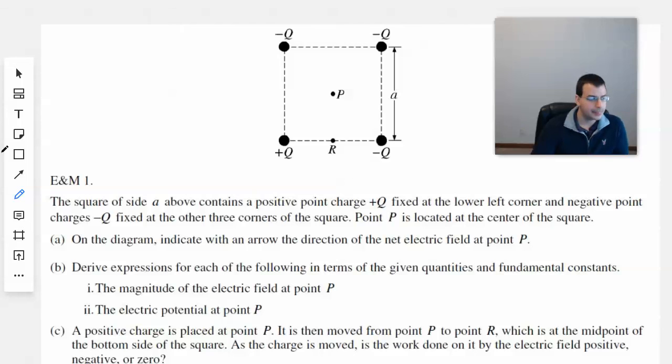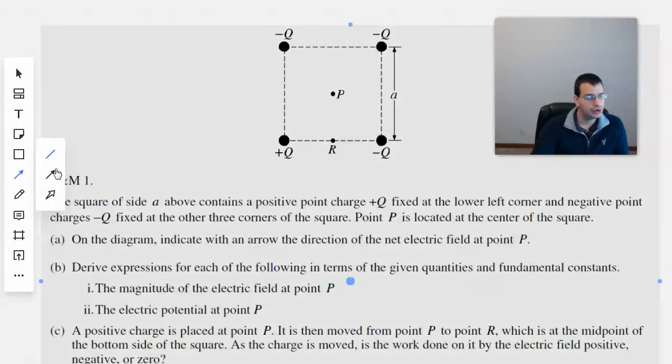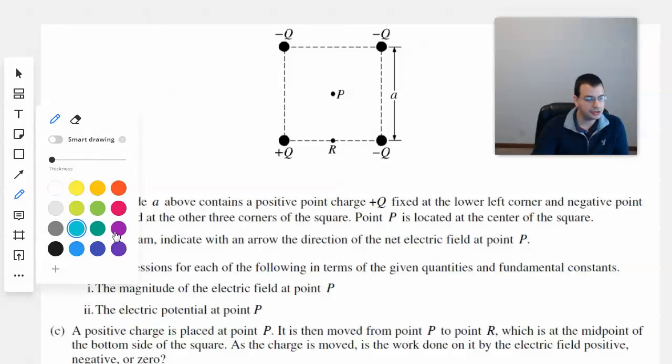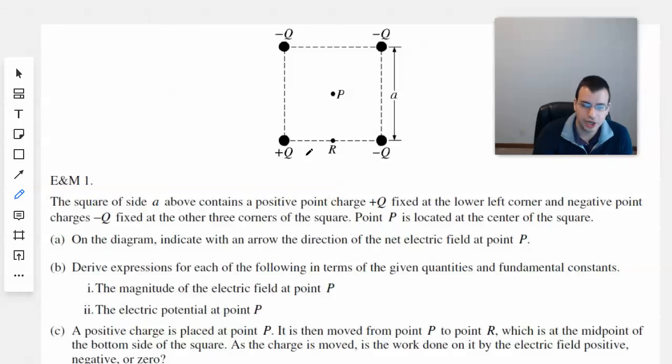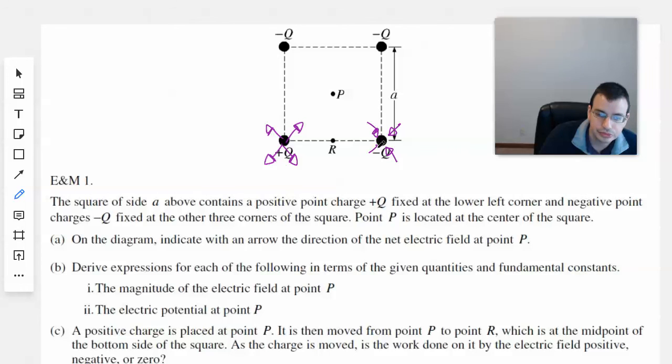Okay, so we discussed that electric fields are radially outwards for a positive Q, and for the negative Q's, they're going to point inwards.